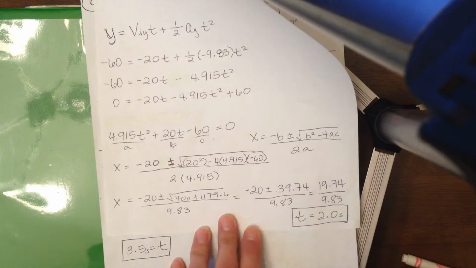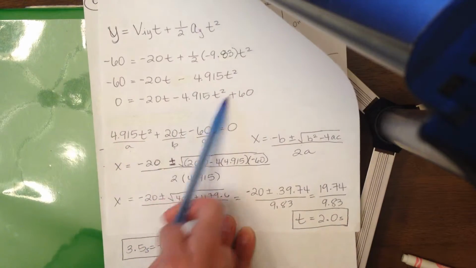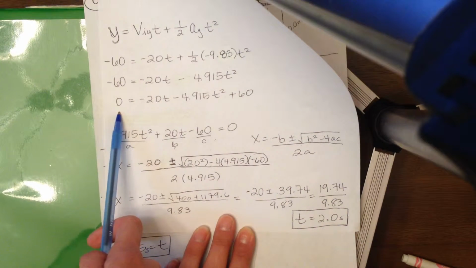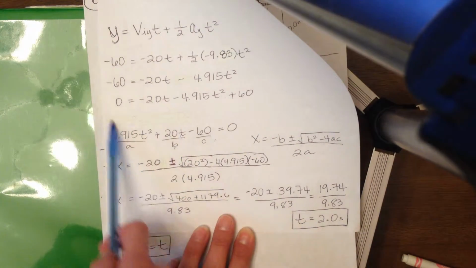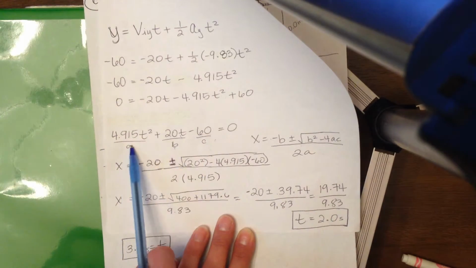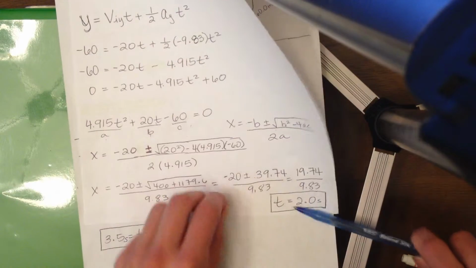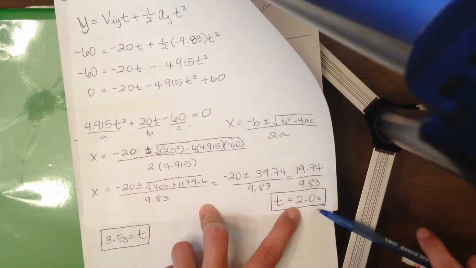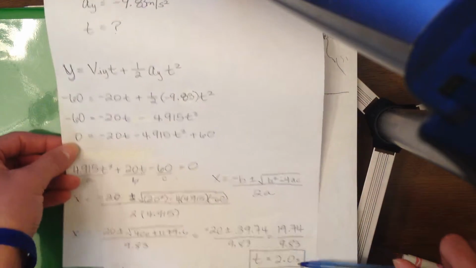I set it equal to 0 to get it ready for the quadratic, and I moved everything to this side to get nice positive numbers. That's a, b, c. After plugging it all in and doing some algebra, we get that the time equals 2.0 seconds. Part B, 2.0 seconds.